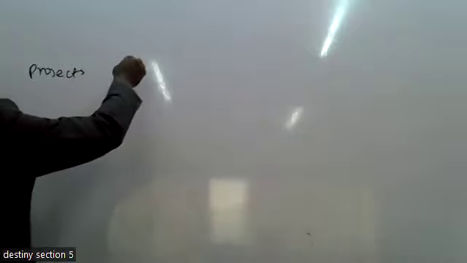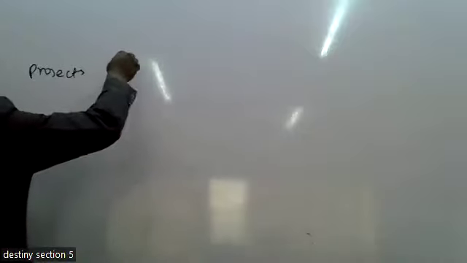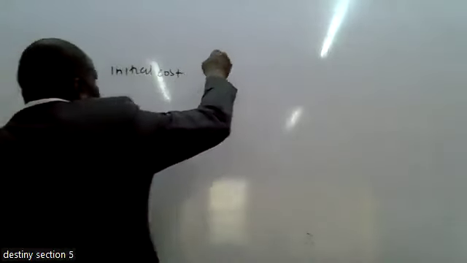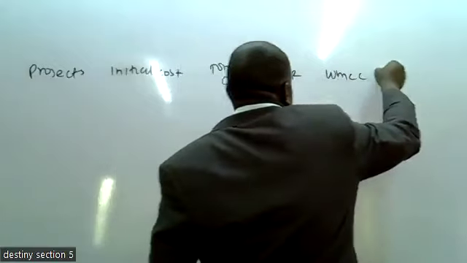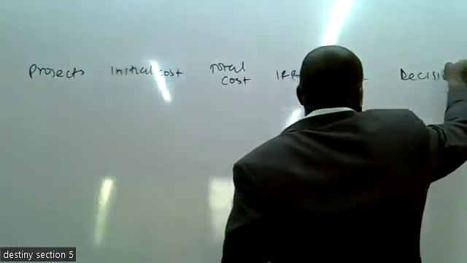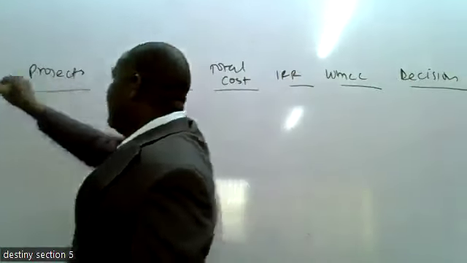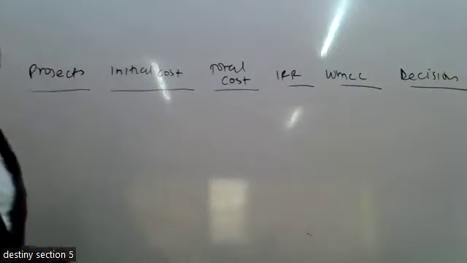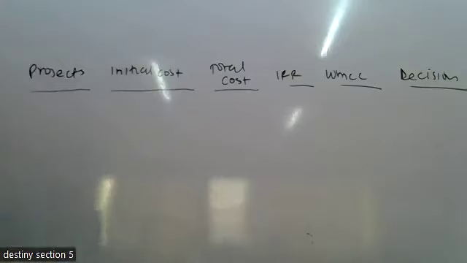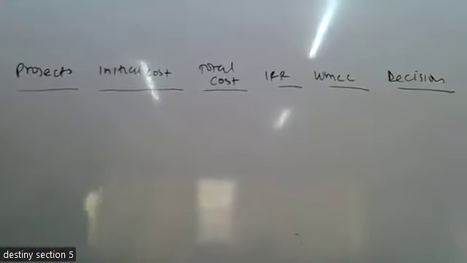So what you do is, we'll be having the column for the projects, then the initial cost, then the total cost, IRR, WMCC, and also the decision.